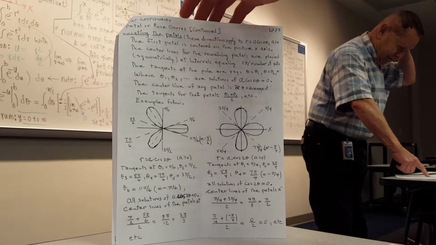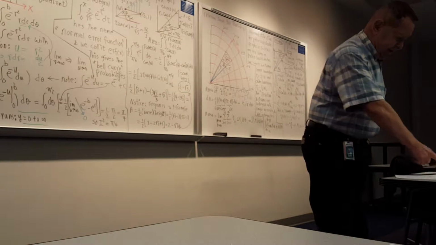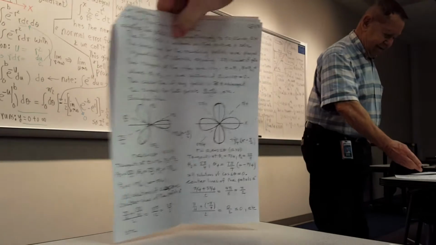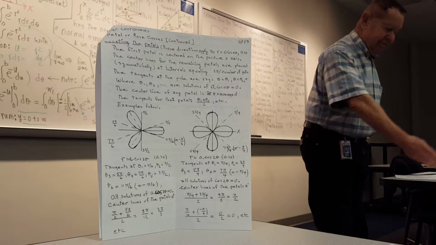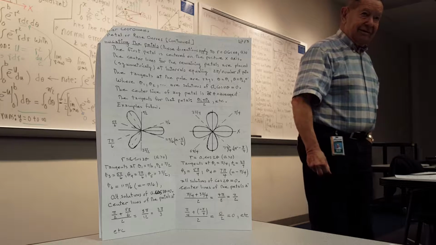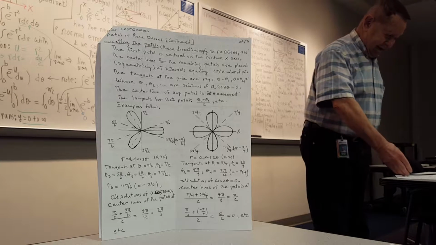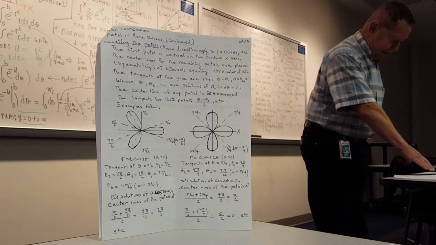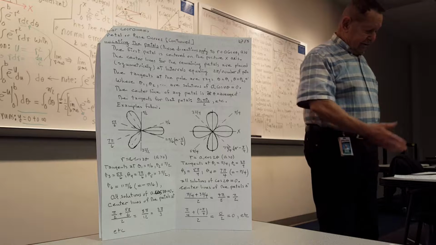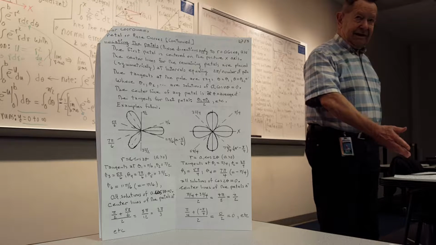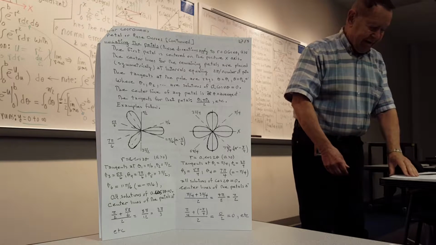You see the sine 3 theta as compared with the cosine 3 theta. The sine 3 theta is the cosine 3 theta rotated through 30 degrees. And then you can look at the sine 2 theta and the cosine 2 theta, and the sine is the cosine graph rotated through 45 degrees.